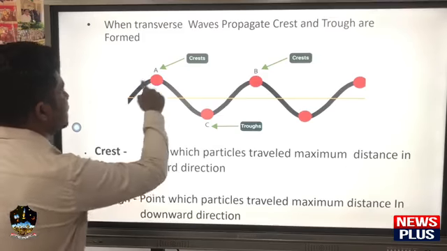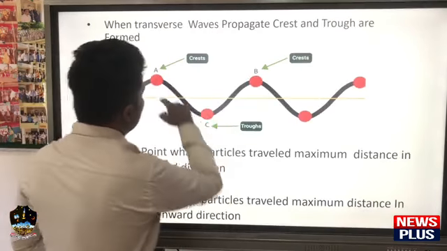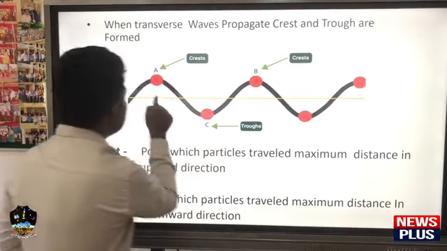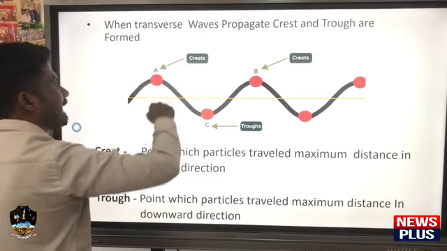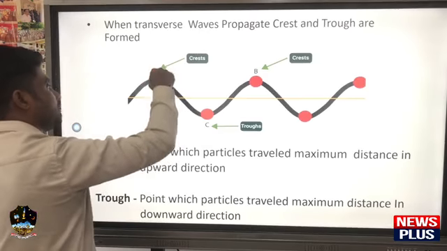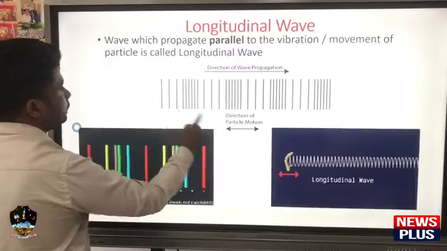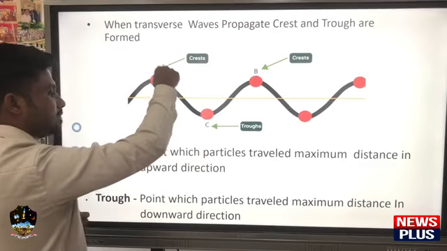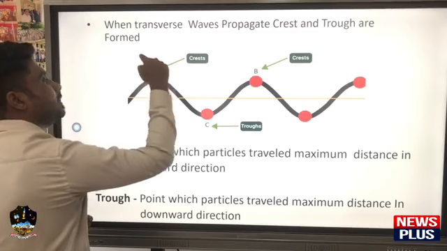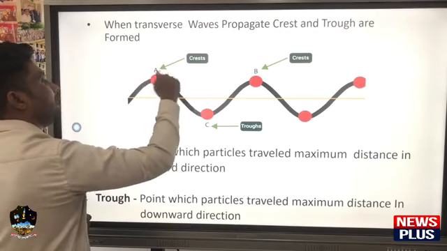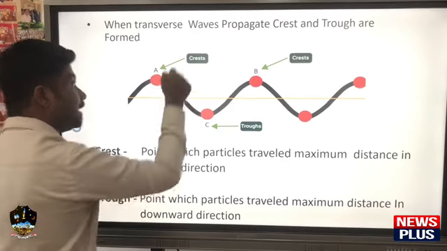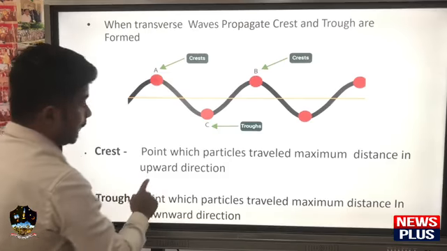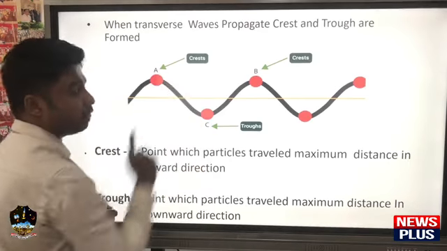Which means when this wave moves, these particles move upwards and downwards. The maximum height or maximum distance a particle travels, that point is called the crest, and it should be upwards, not downwards.